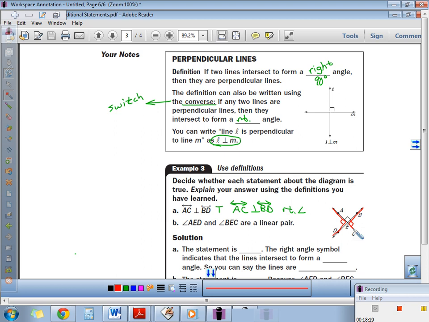Are they stuck together sharing a vertex? Yes, they do share a vertex. They share E. But do they share a ray? Are they adjacent? No. So this is false because the two angles are not what? What's that A word? They're not adjacent. They're not adjacent.